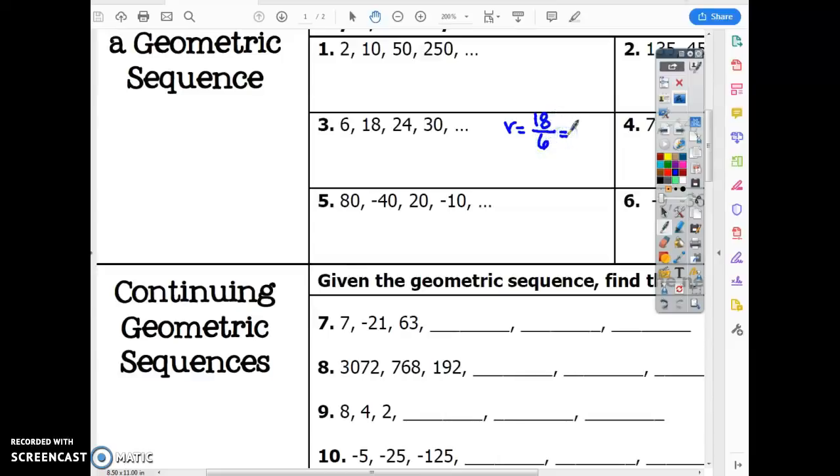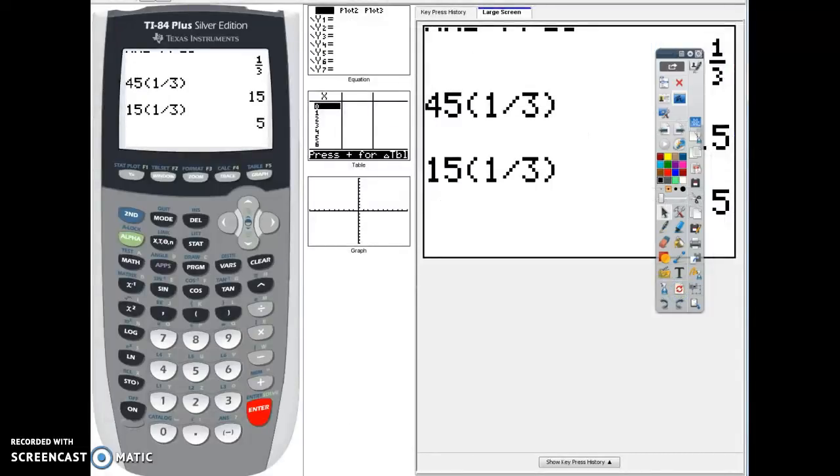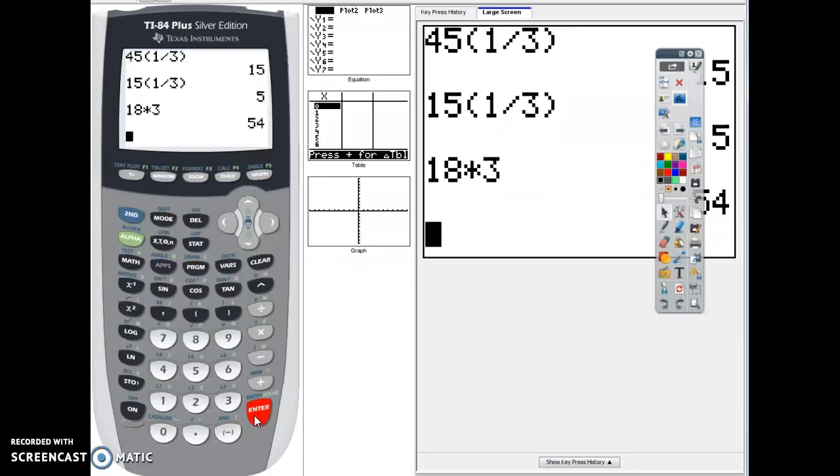What does that give you? 3, right? So that means 6 times 3 gives me 18. Does 18 times 3 give me 24? No. Okay, and if you don't believe me, let's put it in the calculator real quick. 18 times 3 does not give me 24.